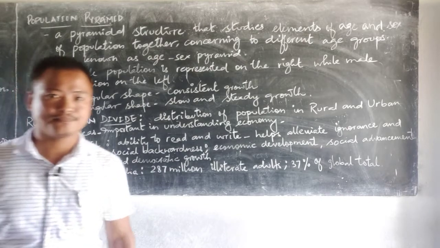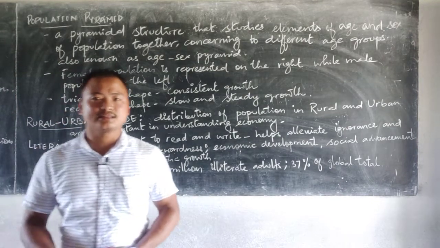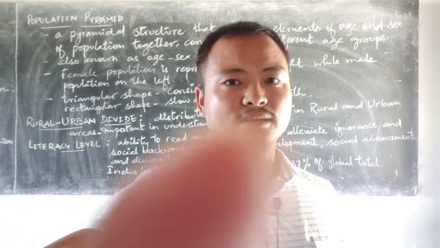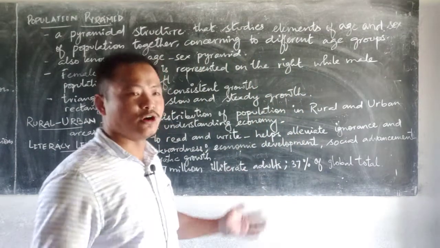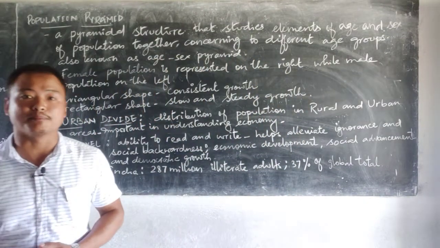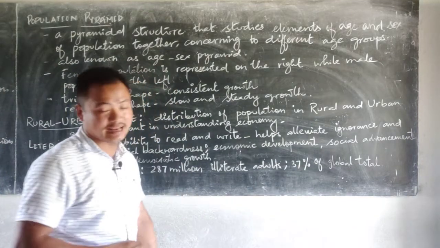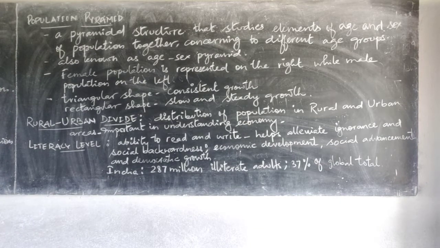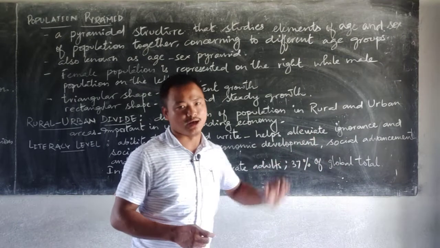The other element is the rural-urban divide. Rural means those places which are mostly backward, where facilities are not much as compared to urban areas, where facilities are quite high. The rural-urban divide is the distribution of population in rural or urban areas.